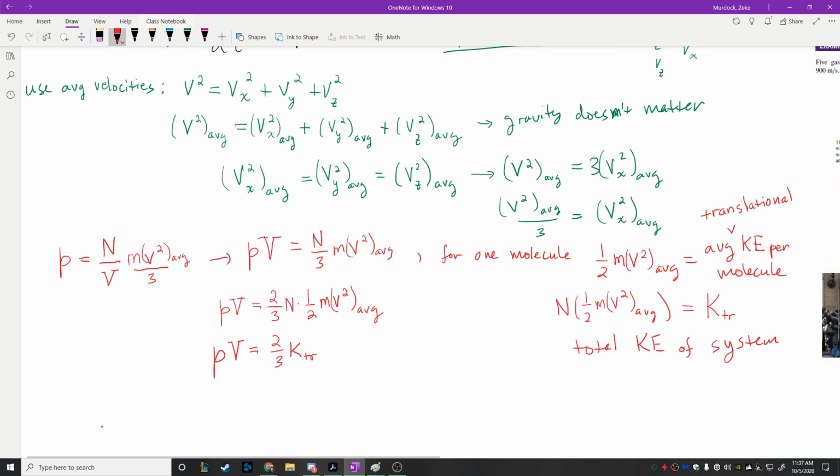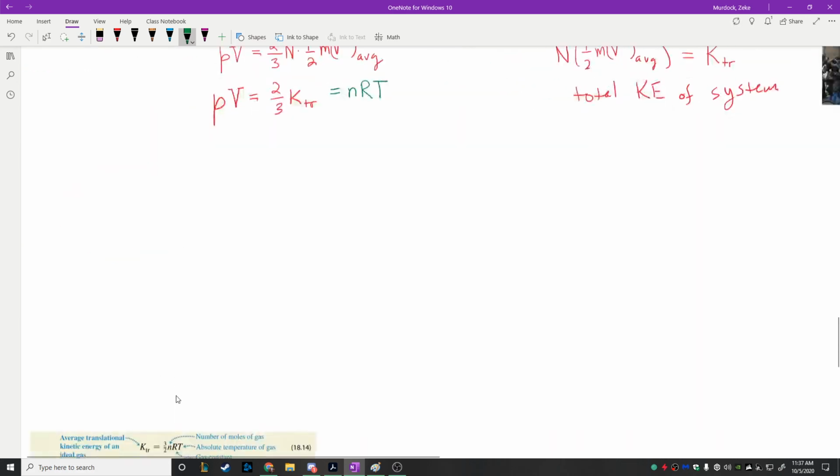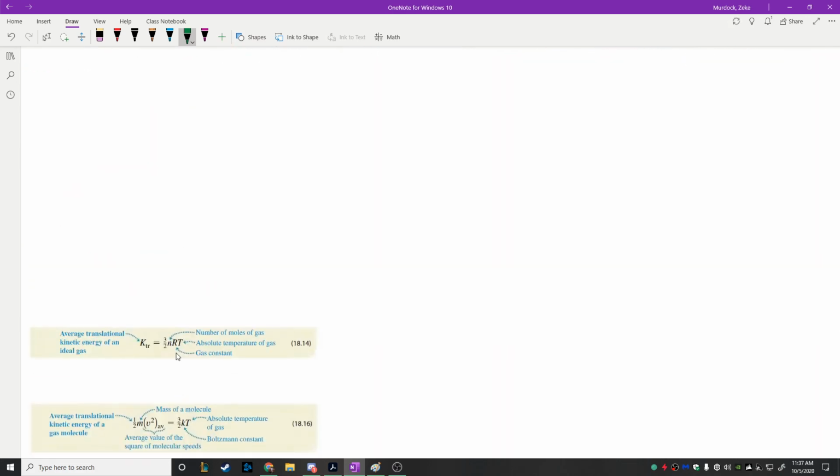But we also know, since we're talking about an ideal gas, what is P times V equal to? What's the pressure of the gas times the volume of the gas equal to? nRT, yep. So this is also equal to n times R times T. I think we're actually getting to the point where we have some of these things here. There we go. We've got this one now.